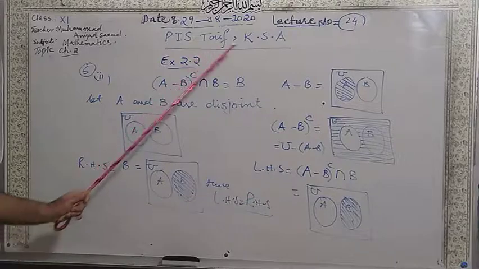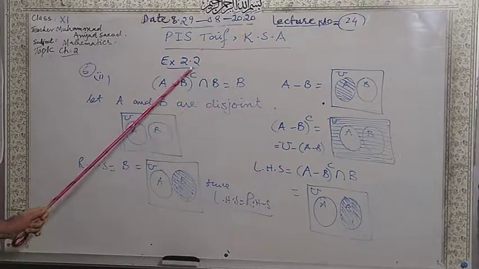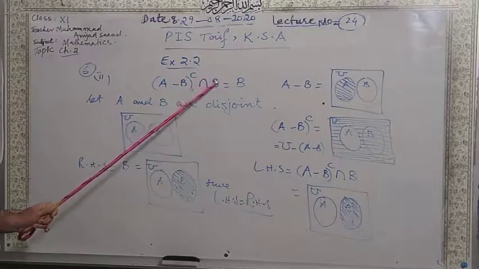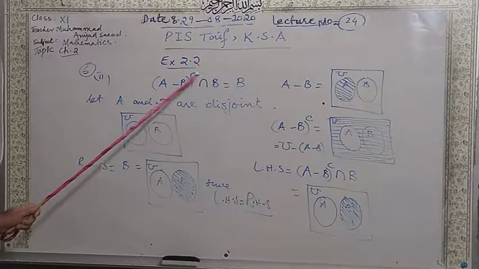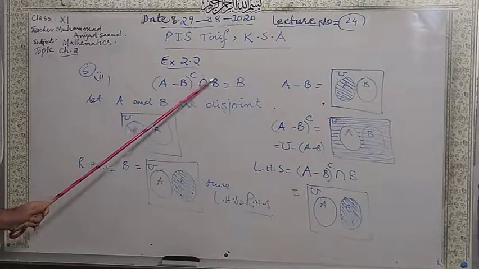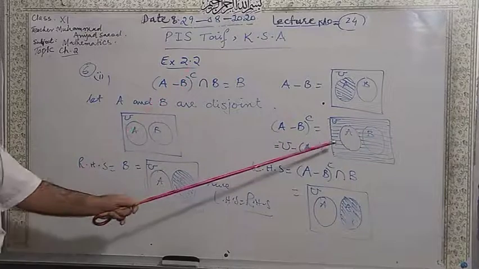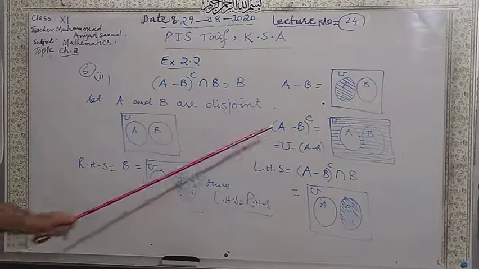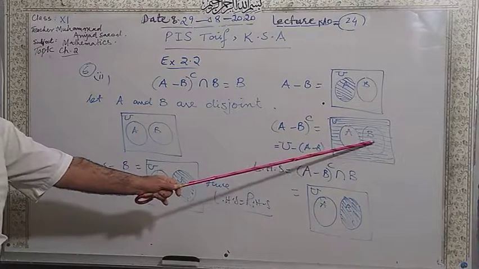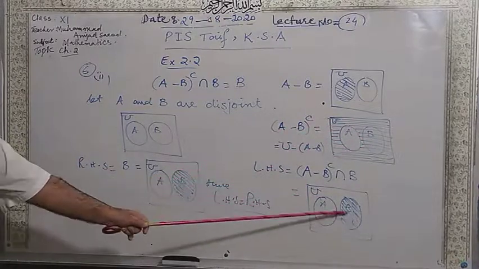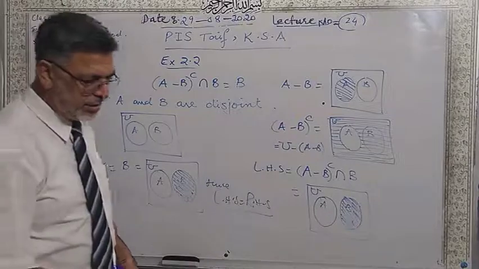First you draw A difference B, then took its complement, then B was shaded, then take the intersection. Intersection means present in both. From this diagram to this diagram, part B is common. That is shaded at the end, and that's your answer.